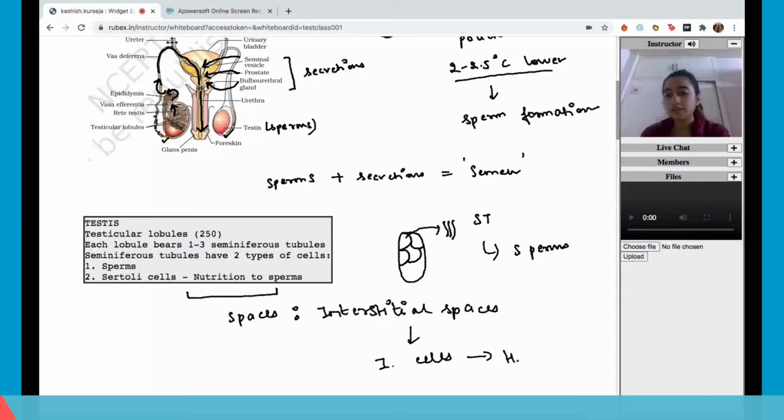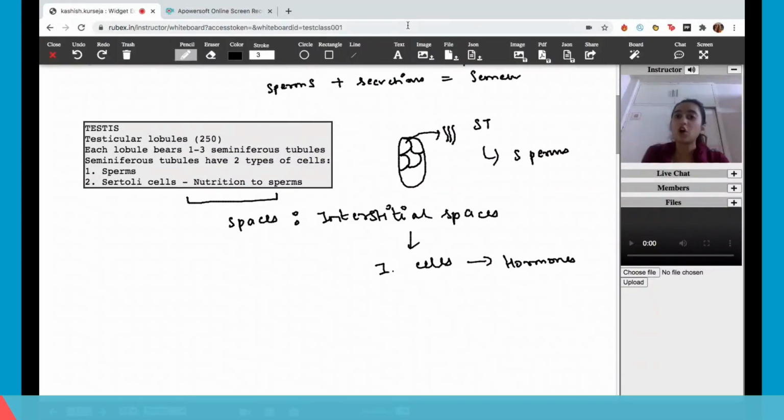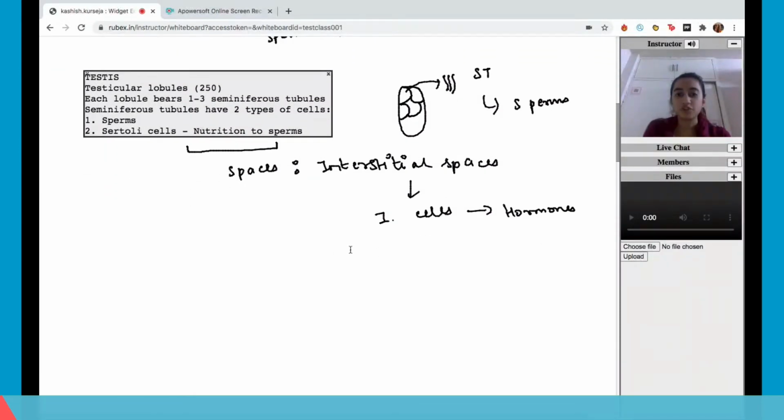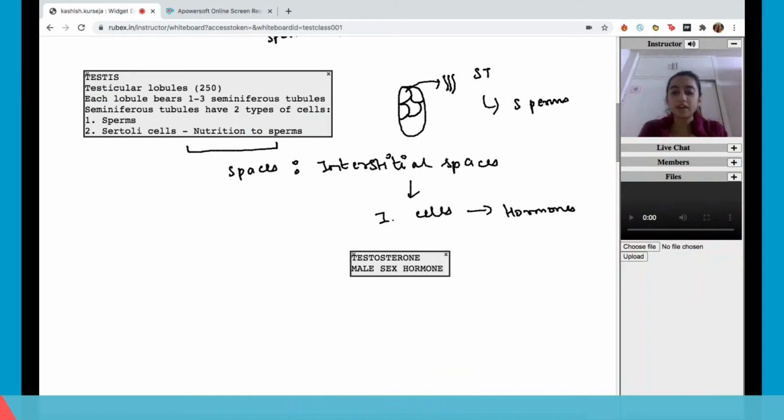Interstitial cells are responsible for the production of hormones in males. Hormones control secondary sexual characteristic development, and also control sperm formation. The most important hormone in males is testosterone. Testosterone is commonly known as the male sex hormone. This will control sperm formation also.